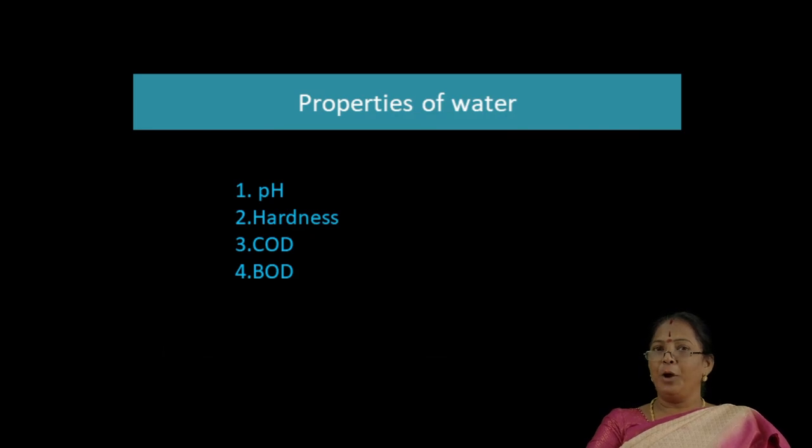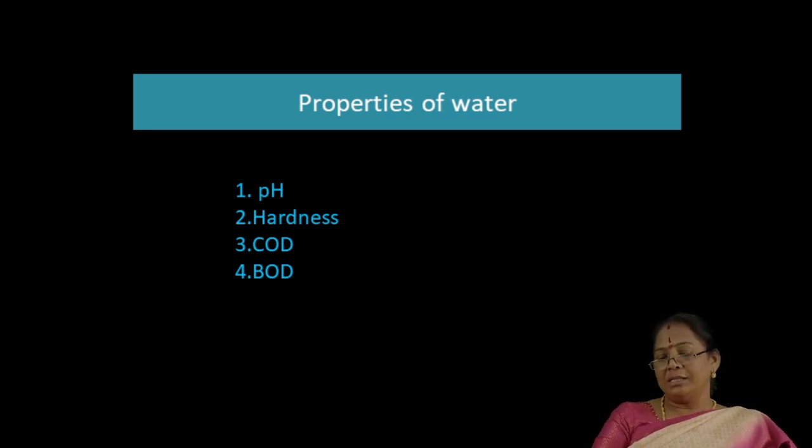What are the important properties of water? pH, hardness, chemical oxygen demand and biological oxygen demand. What is pH? pH is the amount of hydrogen content present in the water. pH 7 is the normal point of water. Less than 7, the water becomes acidic, with a sour taste; some hydrochloric acid and sulfuric acid may be present. When the pH of water increases, it becomes basic, that means sodium hydroxide or potassium hydroxide may be at a higher level in the water.